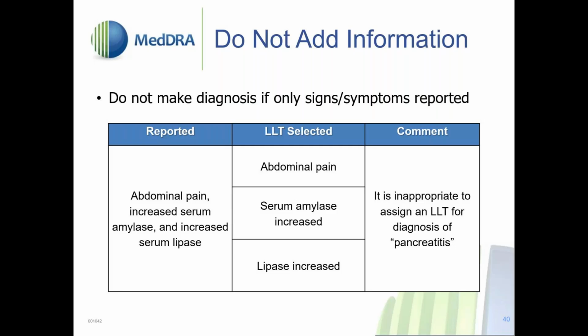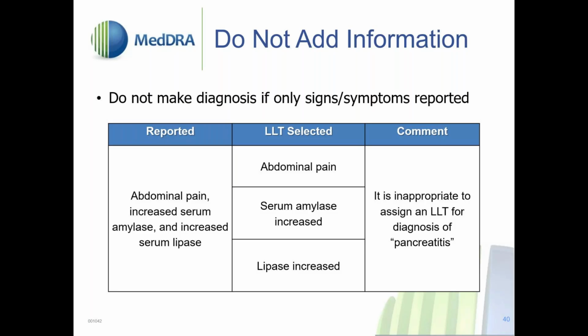And that might be the case. This patient may indeed be experiencing pancreatitis. However, the report that you received did not specifically point out a diagnosis of pancreatitis. So in this kind of situation, we cannot make any assumptions. We can't assume that this is a report of pancreatitis.